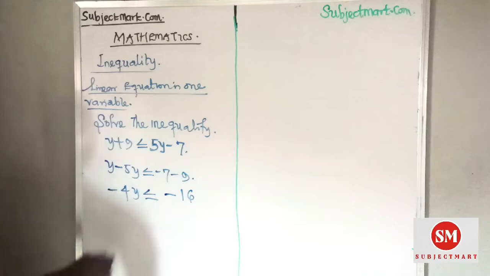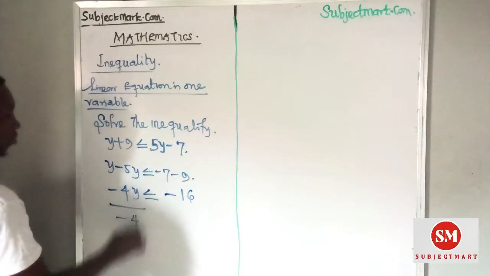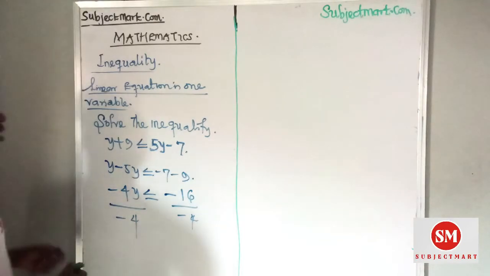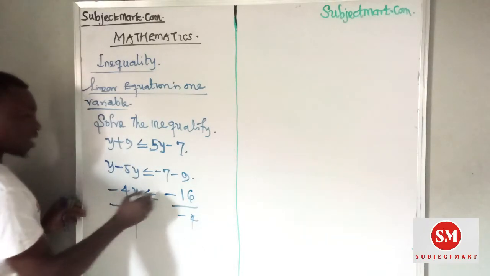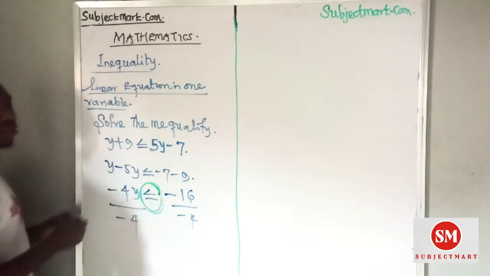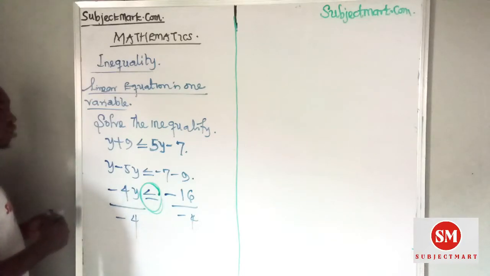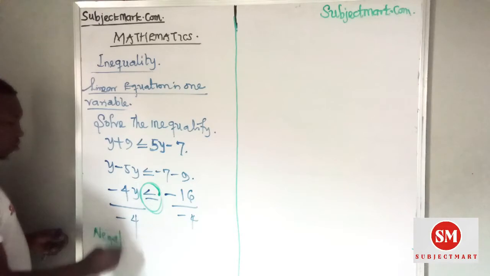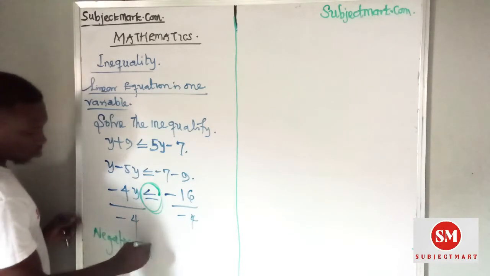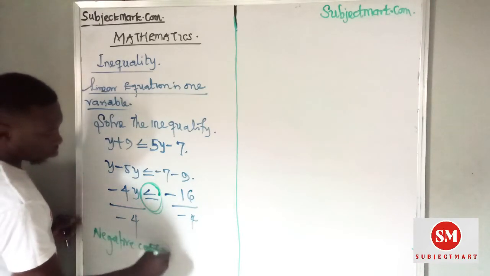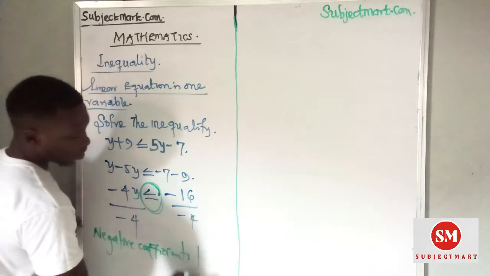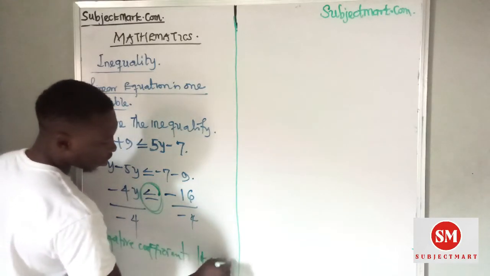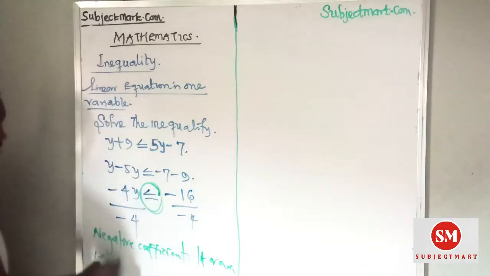With this development, I am dividing both sides by minus 4. But in inequality, whenever you divide by a negative coefficient, it reverses the inequality sign.